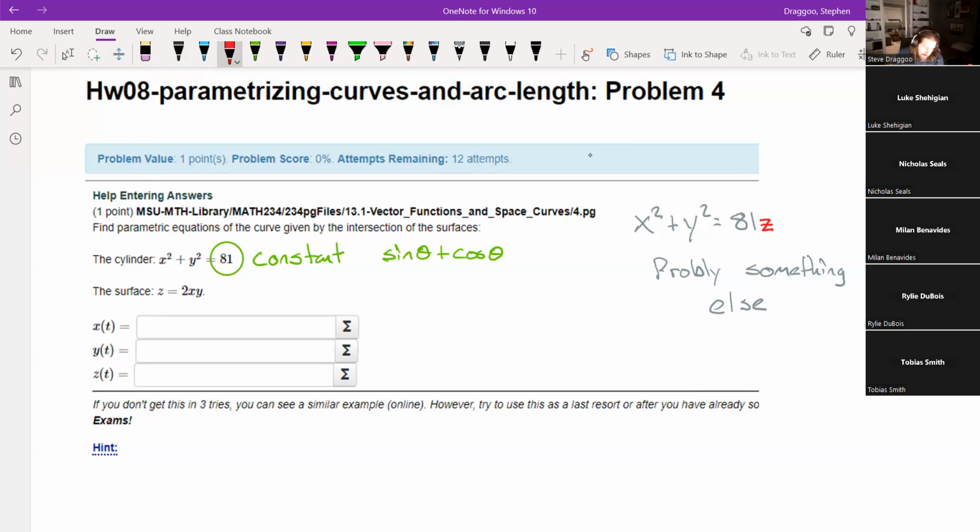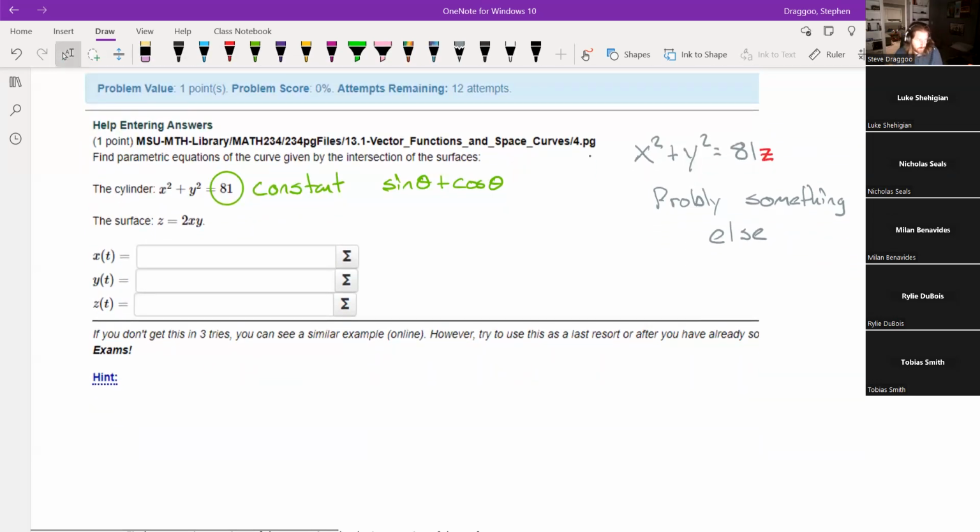But with that in mind, since I do have it equal to a constant number, I'm going to have x be my cosine value and y be my sine value. So I'm going to claim that x is 9 cosine t, and y is 9 sine t.